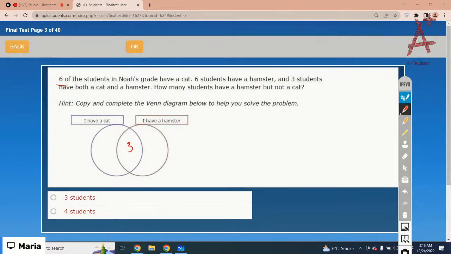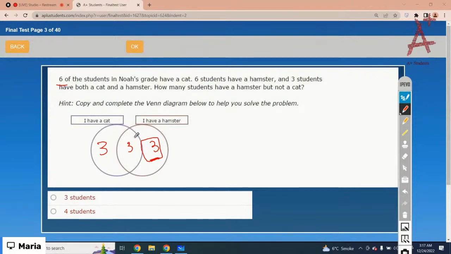Got it? So out of the six students, three of them have both. That means just three of them have a cat, and here you have six students with hamsters, three of whom have both. So three of them have just a hamster. Got it? That means how many students have a hamster but not a cat? They are the ones that just have the hamster, not a cat. So the correct option is 3.